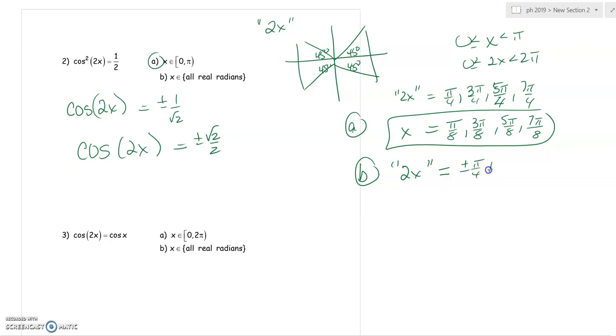But again, we wanted to know x, so divide by 2. Go ahead and pause the video and maybe try and solve that problem using double angle identities. But I think this method might be quicker.